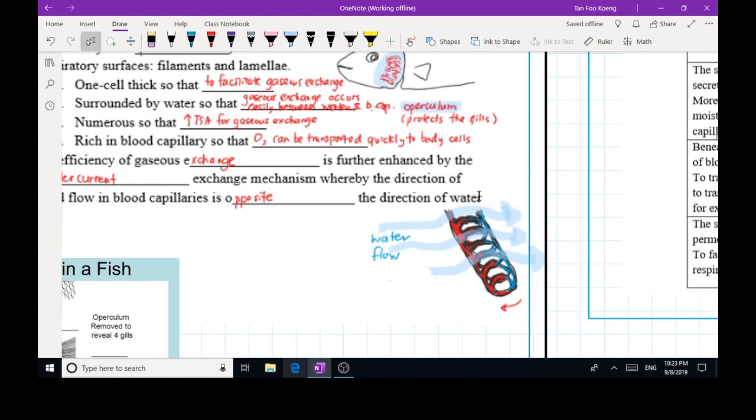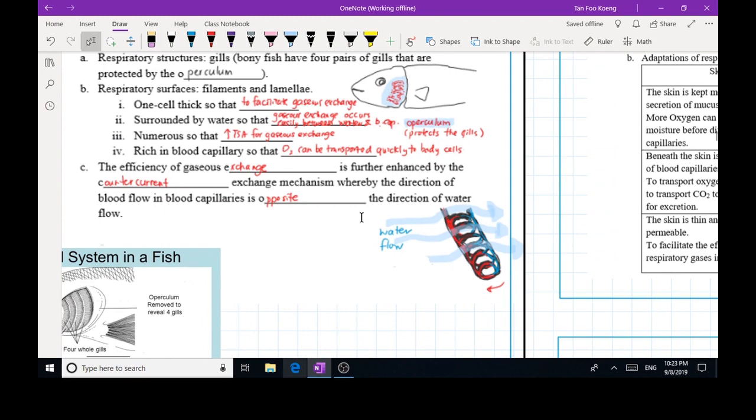The blood comes from the vein, and then this one goes to the artery. The vein transports the deoxygenated blood, and the artery transports the oxygenated blood away to the body cells.